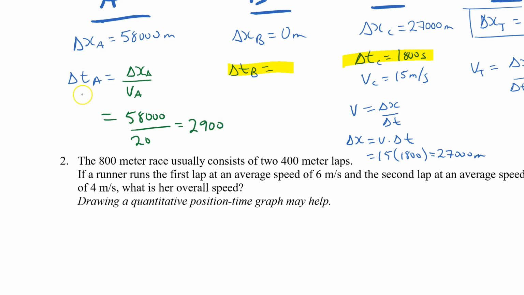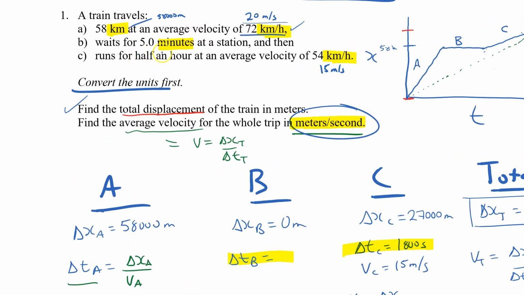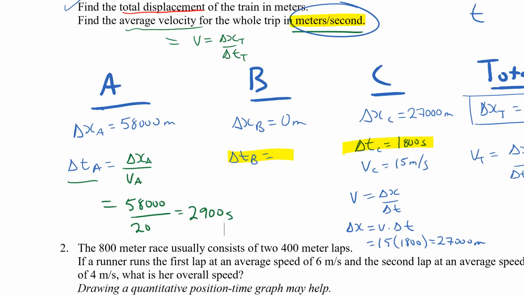Now our units for time are going to be in seconds. Okay, how about for segment B? It says waits for 5 minutes. So 5 minutes is pretty straightforward there. That one we'd already multiplied, 5 times 60, 300 seconds.